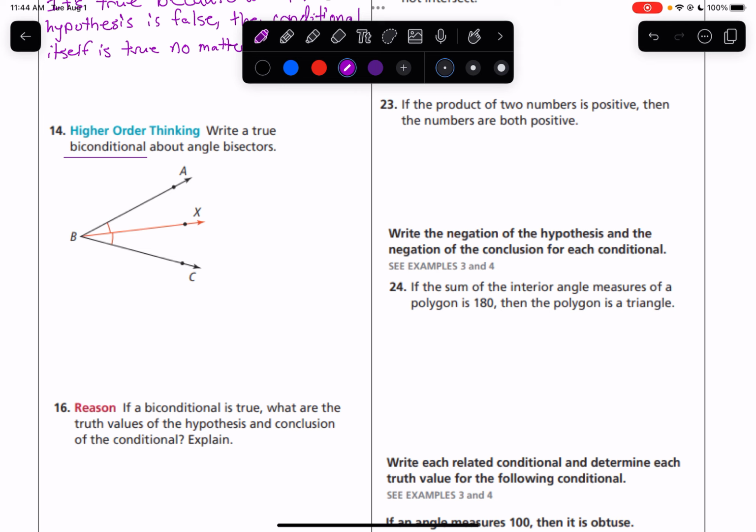So I can say any given ray, right? Any given ray is going to be an angle bisector if and only if it divides the angle into two congruent angles. So a ray is an angle bisector if and only if.